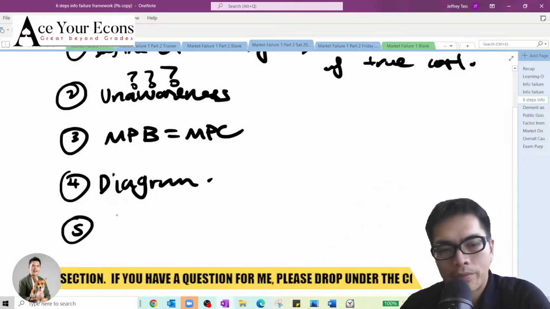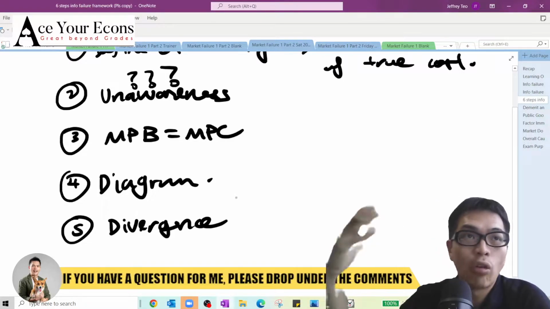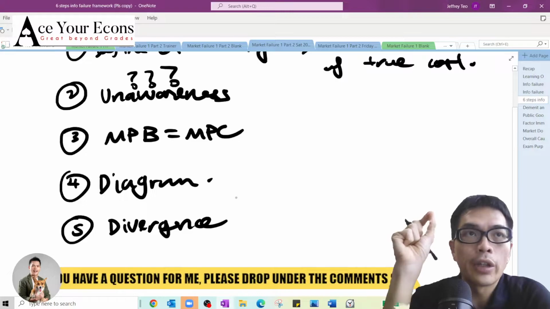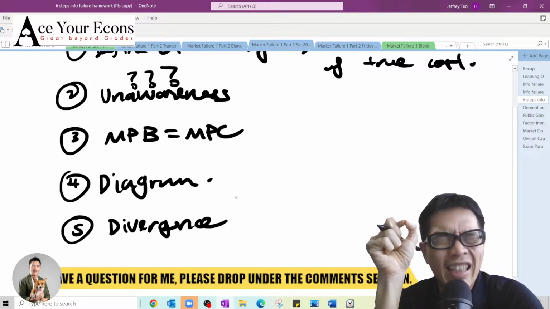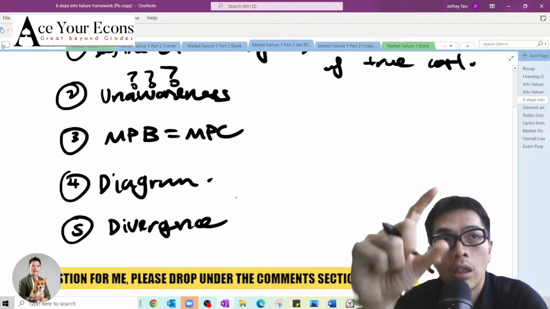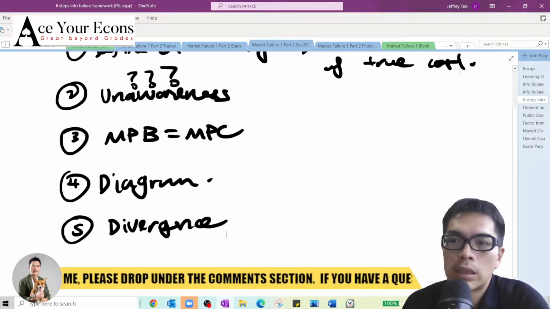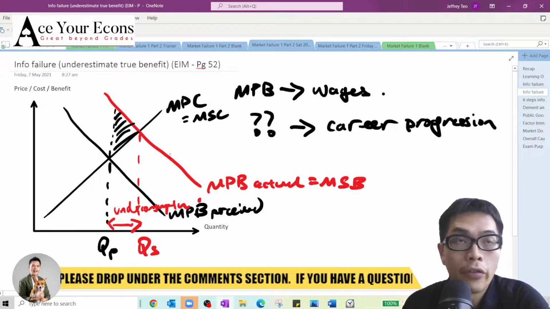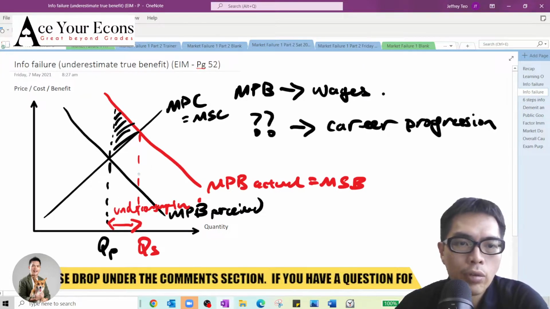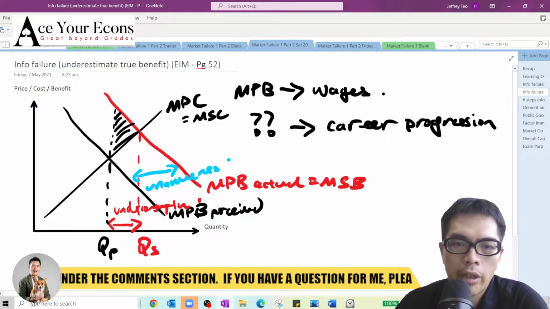Step 5, the divergence that results in an under or over consumption and deadweight loss. The key difference between this step 5 and what we have learned under externality is that the divergence is caused by unawareness. It's not caused by info failure. So you can illustrate unawareness here, or you can use awareness gap.